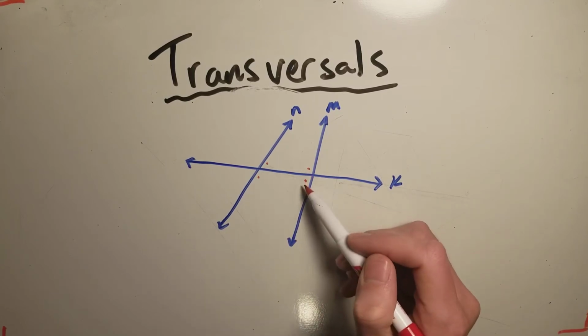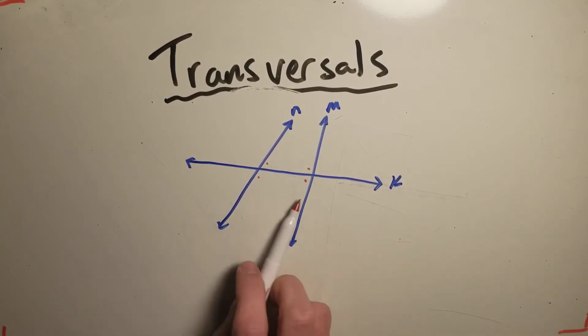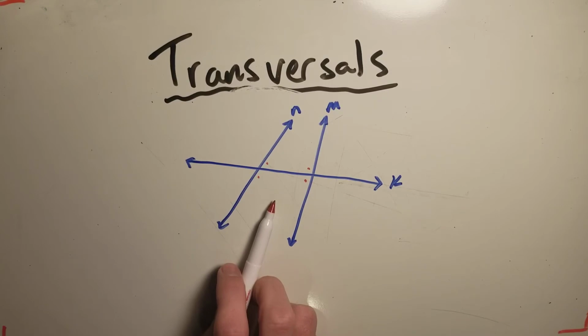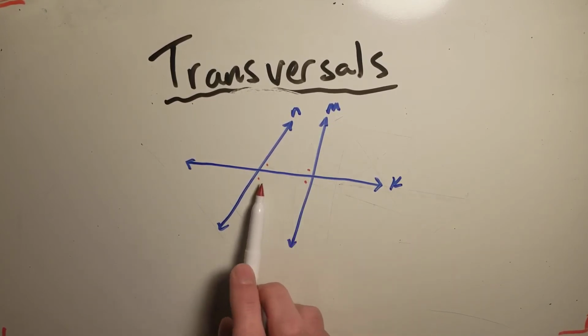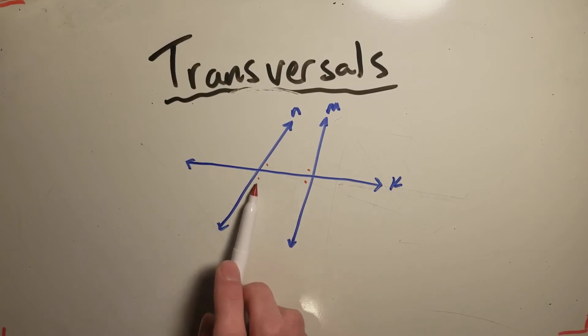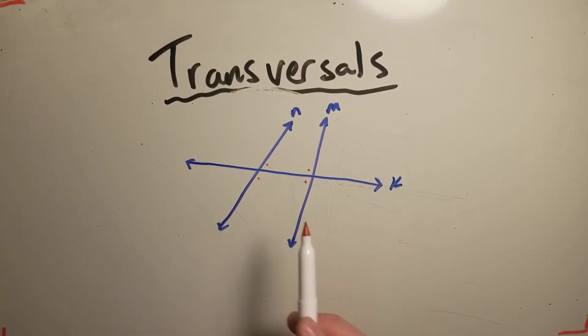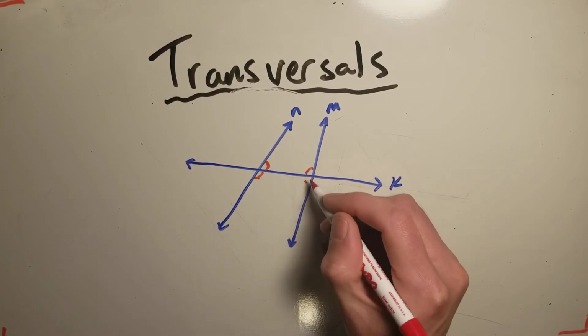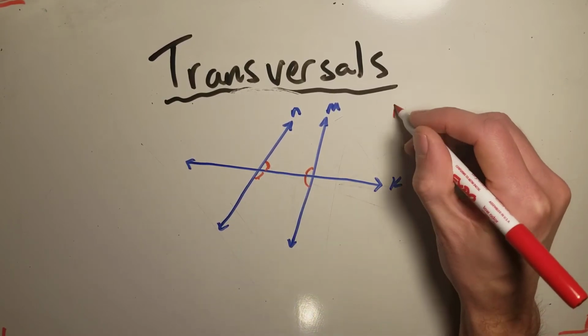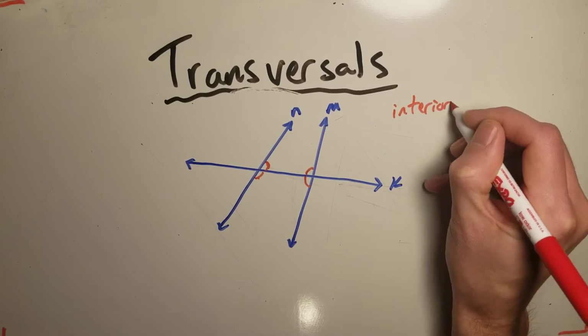These four angles are the angles that are between the two lines that were intersected. So N and M were the lines intersected by K, and the angles that were formed between those two lines, we call them interior angles. So I'm going to mark them off. These four angles are interior angles.